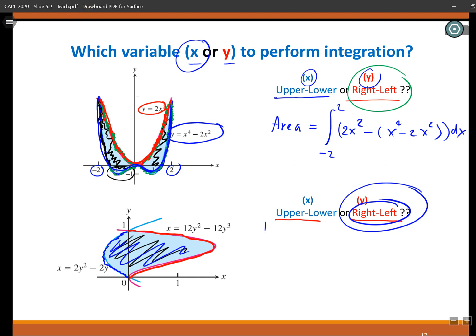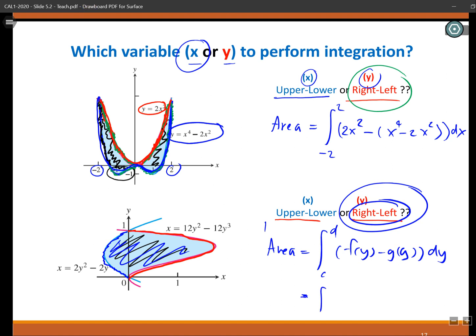So let's put the formula in here. So we have this area. In this case, we want to work on this formula, fy minus gy. Work on the y variable, c to d. Now, fy is the one on the right hand side.